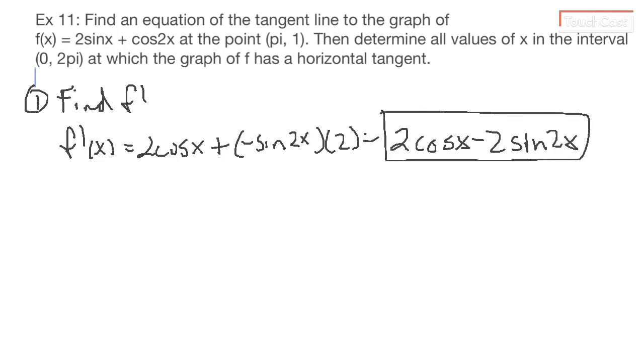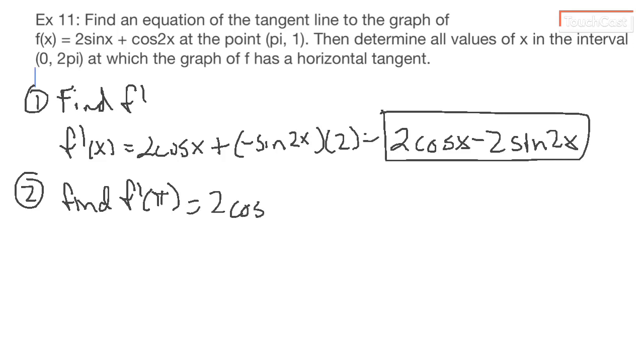So there's our derivative. For part 2, we're going to find f prime at pi. So let's put in pi for x. We've got 2 cosine of pi minus 2 sine of 2 pi.